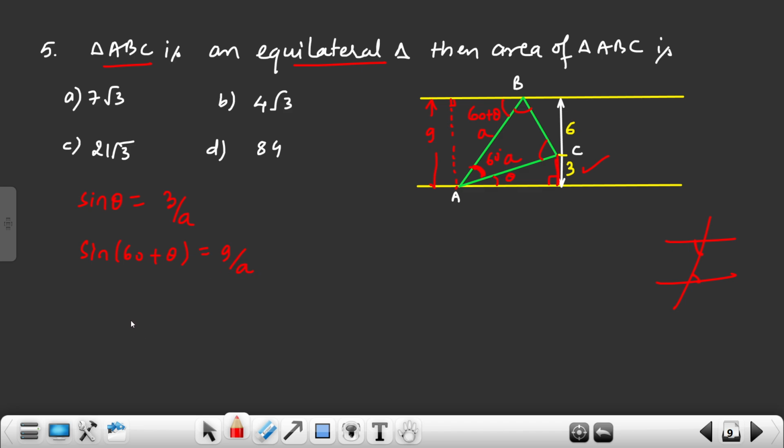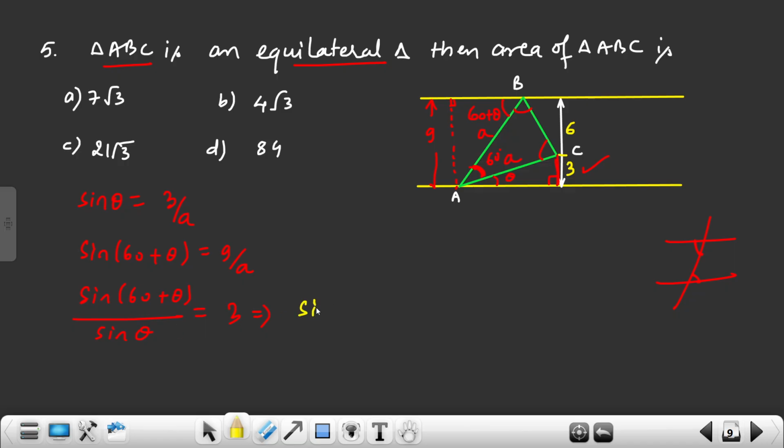Now let's divide: sine of 60 plus theta upon sine theta. So 9 by A upon 3 by A is how much? Basically 3. So sine of 60 plus theta is 3 sine theta. Now let's open this sine A plus B formula.